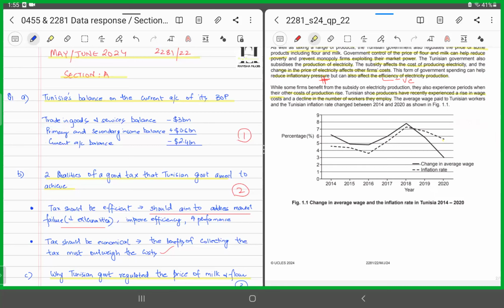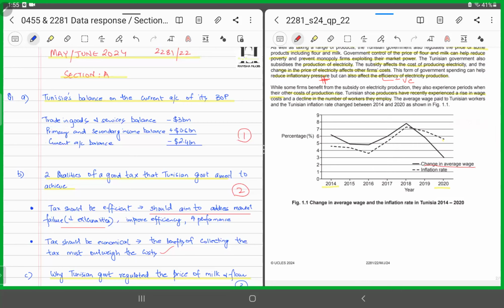So now by way of this diagram, they have showed us from 2014 till 2020 the change in the average wage rate and the inflation rate. So now if you look at the diagram carefully, what is happening is that the dashed line is showing the inflation rate, and the other curve is showing us the change in the average wage rate.